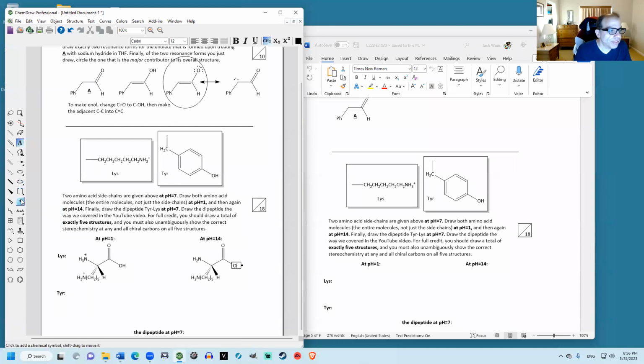And the carboxylic acid is also deprotonated at pH 14. At pH 14, we're above the pKa of all of those groups. So they're all in their deprotonated state.